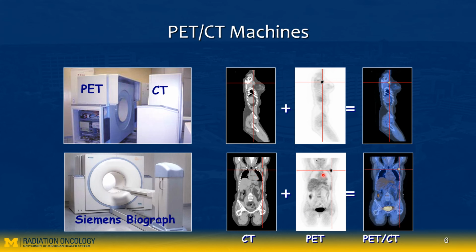Whereas in PET, because the radionuclide, the glucose in this case, is consumed by the tumor more actively, it shows higher concentration of FDG, so you can convert this grayscale image by assigning some color scheme. You can visualize your tumor's metabolic activity very clearly.